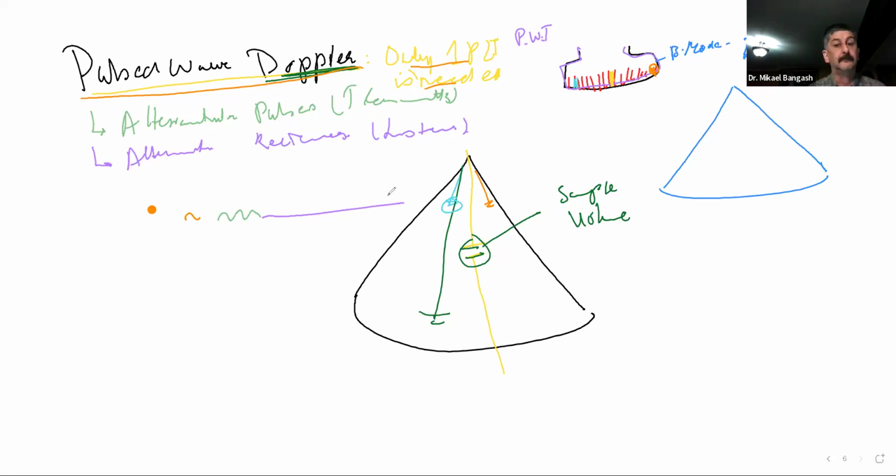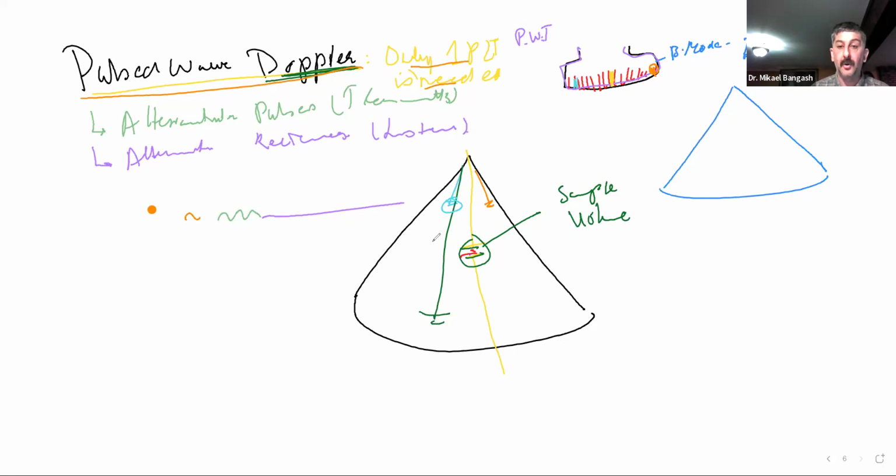Did that make sense? Okay. But what you can do is move this sample volume, or sometimes I may just refer to it as the sample window, because this is going to be the window in which your Doppler is going to be recorded.